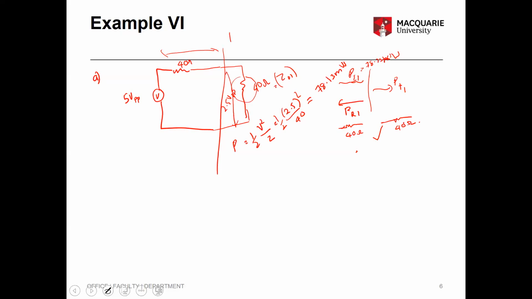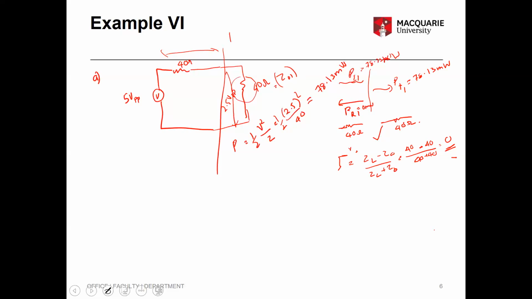The reflection coefficient, tau V, is Z load minus Z naught over Z load plus Z naught. Because the impedances are the same, there's no reflection. That's good, it means all the power gets transmitted through. So PT1 is also 78.13 milliwatts, and PR1 is 0 milliwatts.